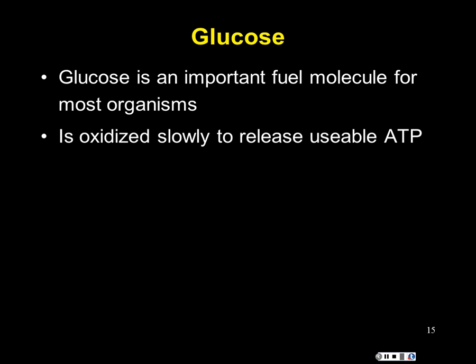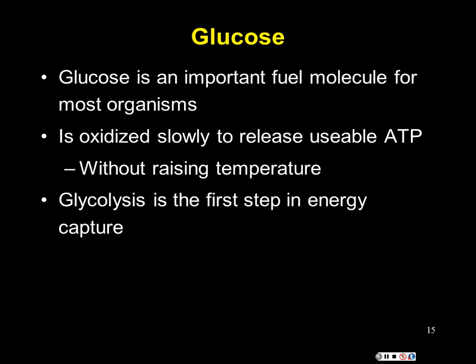Why do we want to do this not fast? We don't release the heat so fast, do we? We want to do it more slowly so we can maintain homeostasis, we want to be efficient. So we're going to take off electrons, we're going to take off energy slowly from our sugar molecules so that we can make ATP in a sensible fashion for the cell to maintain homeostasis without raising our temperature.